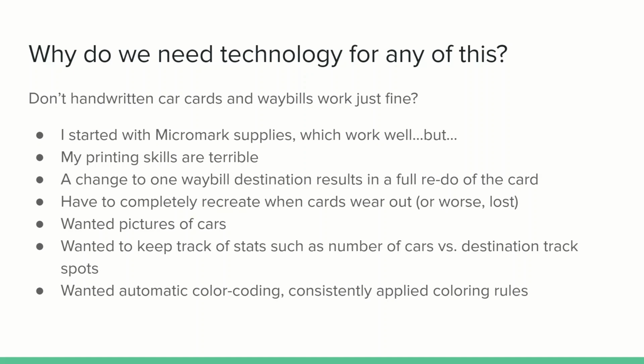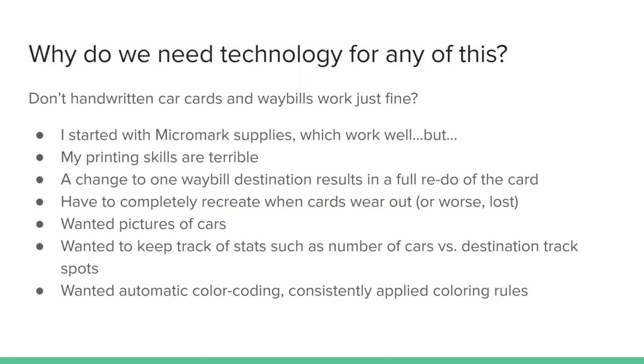And I started doing this using the Micromart supplies and found that fundamentally those worked well. I liked the way the car card model worked. But personally, my printing skills are terrible. I've certainly seen other model railroaders whose printing looks like it came out of a typewriter, but mine does not.